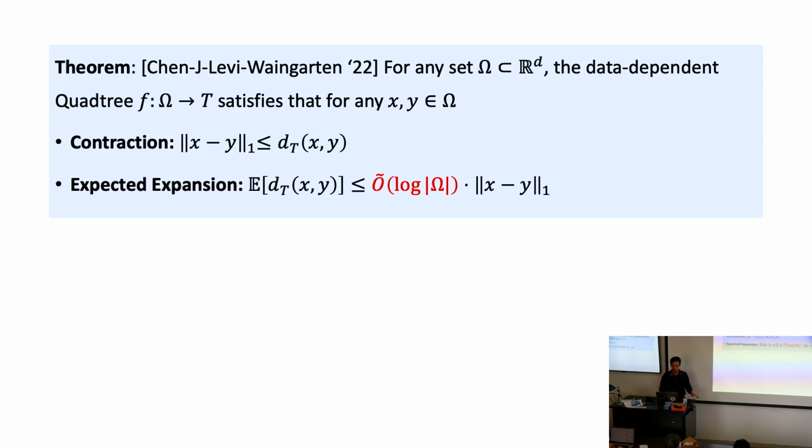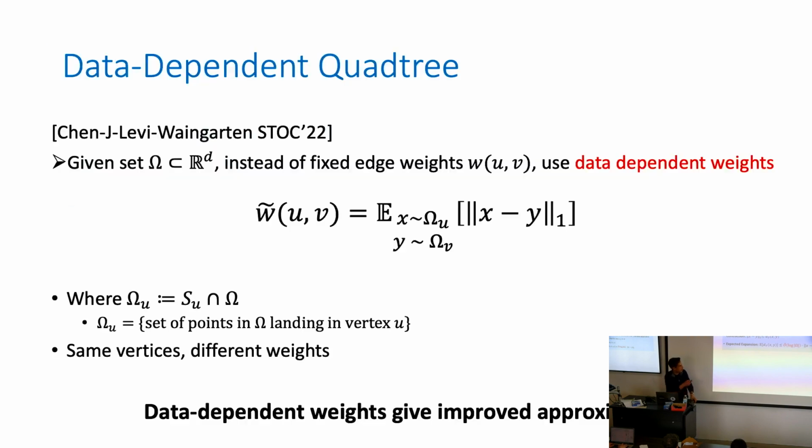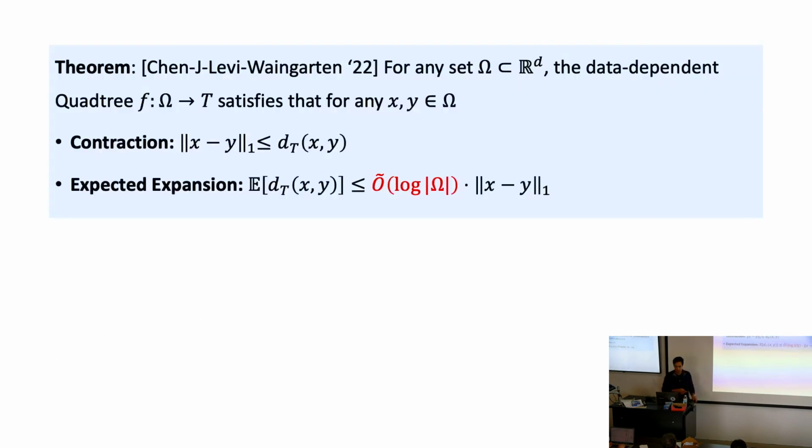There's a nice triangle inequality argument to say that for two points in my sample, I never contract, and my expansion is almost a log omega factor. So if omega is only of size S, I get a better approximation. One thing I want to mention, though, is that it's tight for high dimensional space. We know that, like Bartal trees, log n approximation for an arbitrary metric is tight.